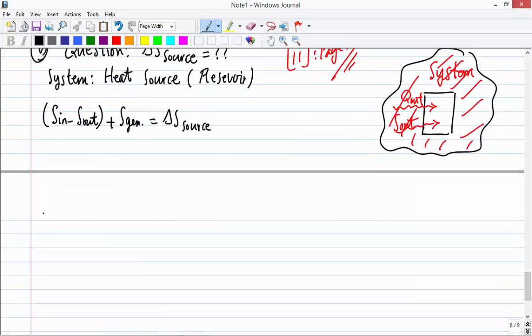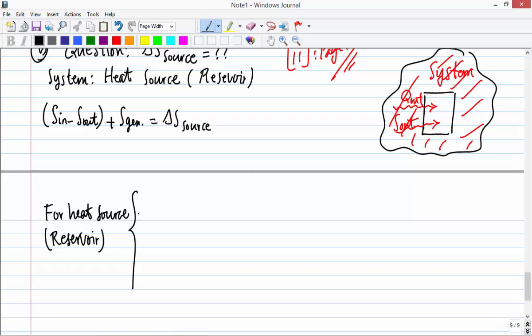For a reservoir, entropy would not be generated, and there's no entropy going into the system because we are just transferring heat to the tank.